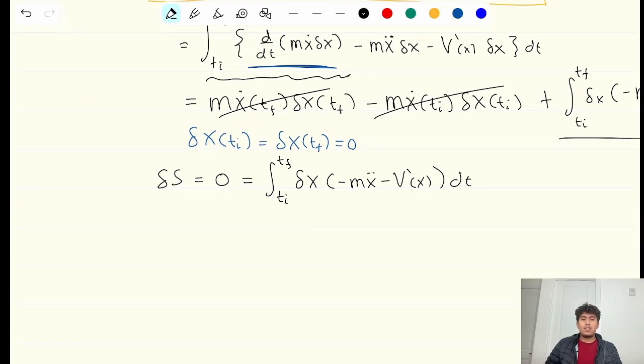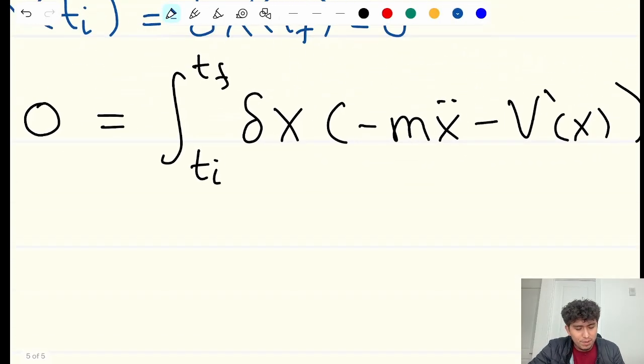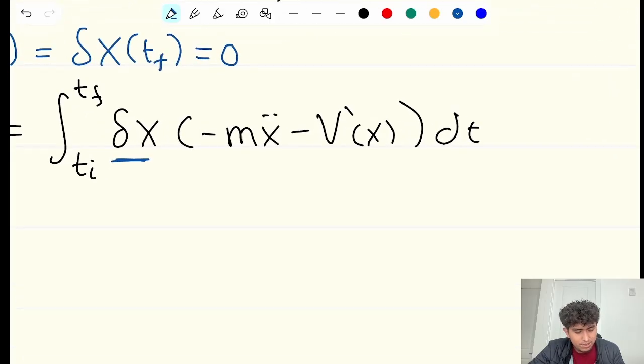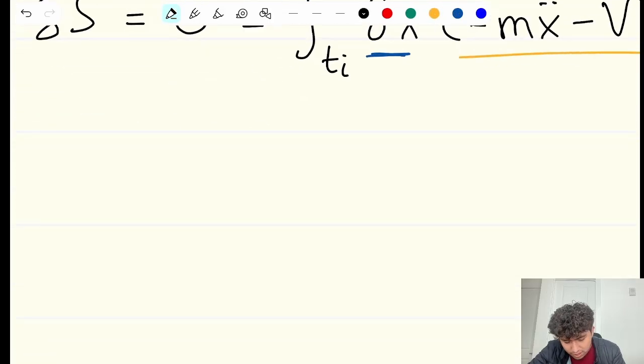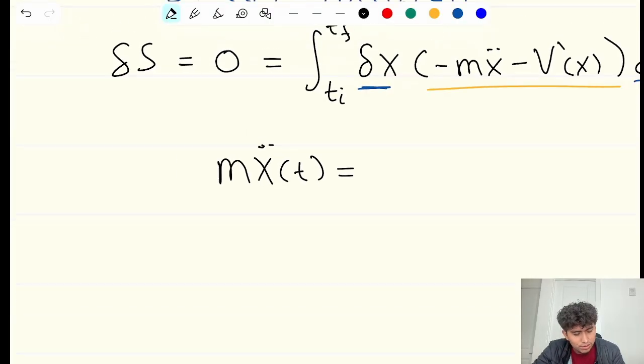Cool. So this is what we wanted. For every path, this integral has to be 0. So this term has to be 0. And essentially, we just found, that's Hamilton's principle, we found the equation of motion.